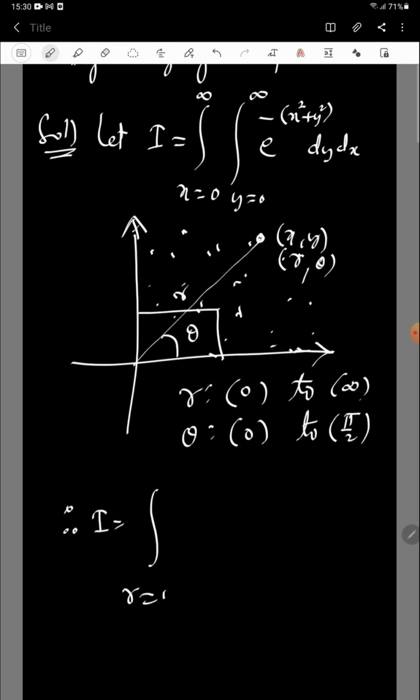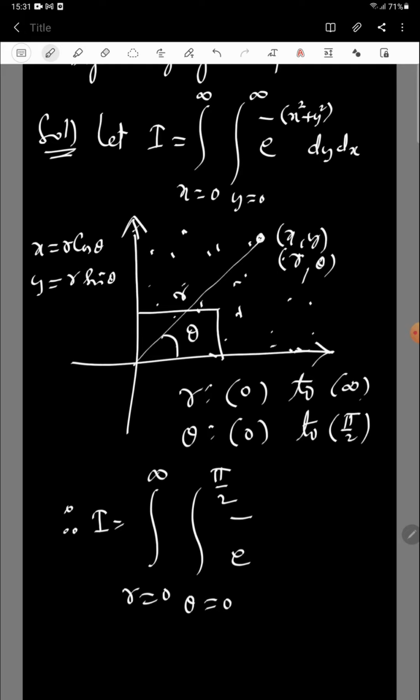integral r equal to 0 to infinity, integral theta equal to 0 to pi by 2, e to the power of minus... when you substitute x is equal to r cos theta and y is equal to r sin theta, the conversions required are x is equal to r cos theta, y is equal to r sin theta.